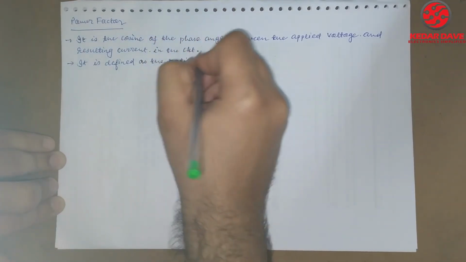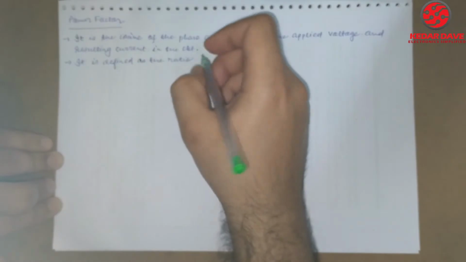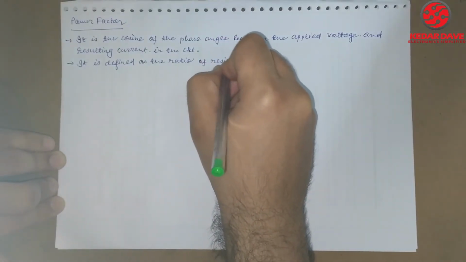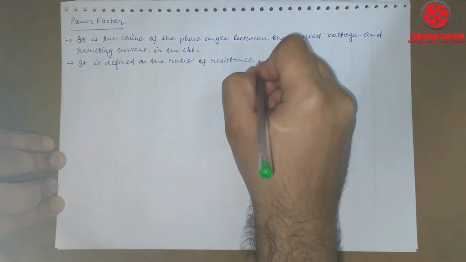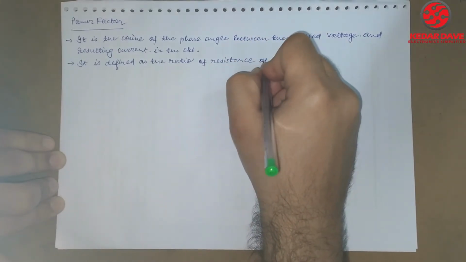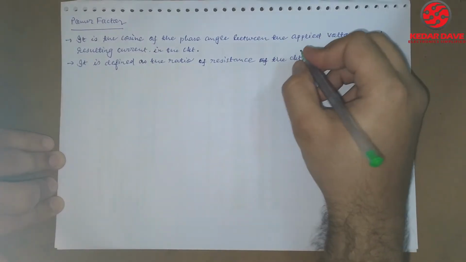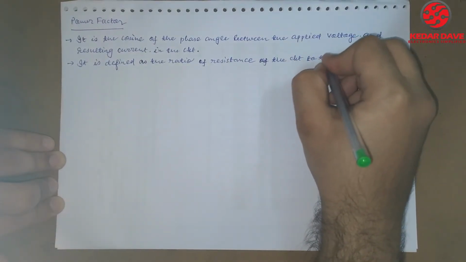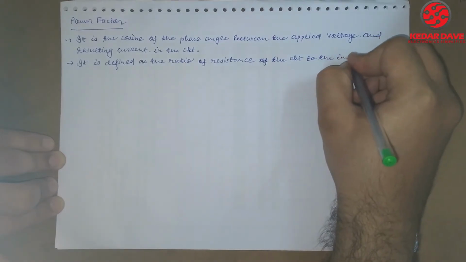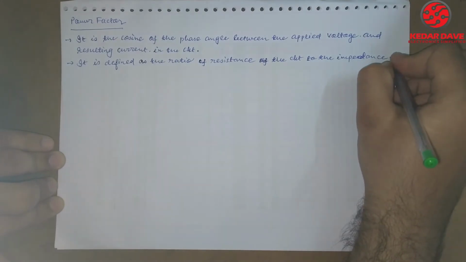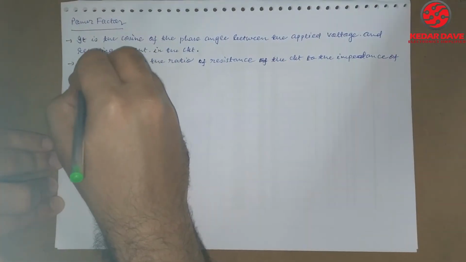उसको हम एक और तरीके से भी डिफाइन कर सकते हैं, that is the ratio of resistance of the circuit to the impedance of the circuit.